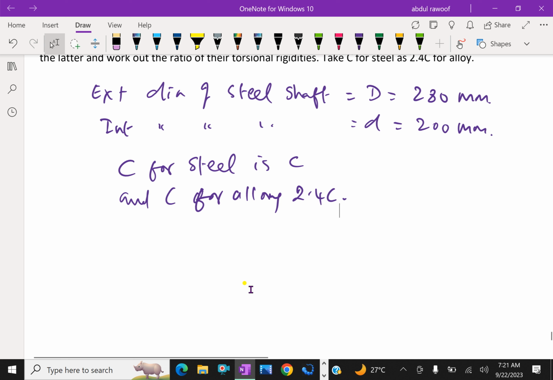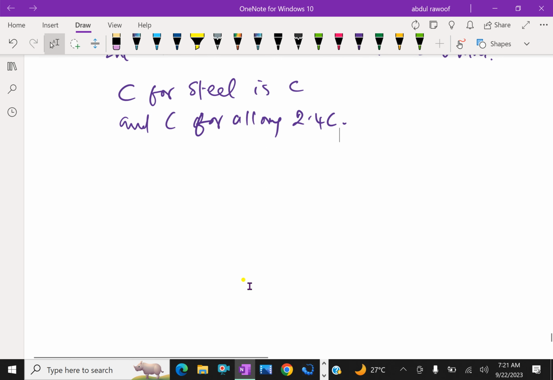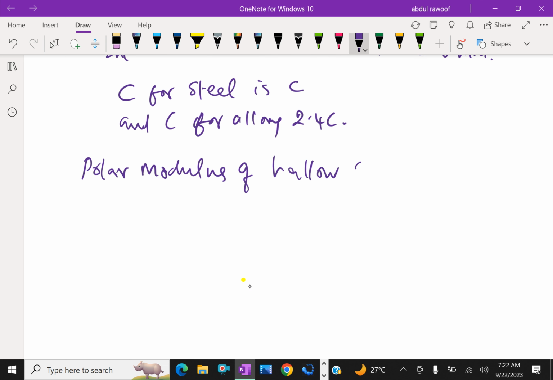First, we know the polar modulus of the hollow steel shaft.